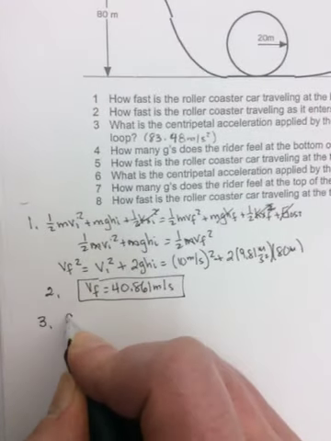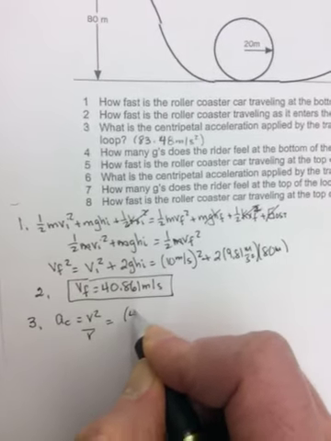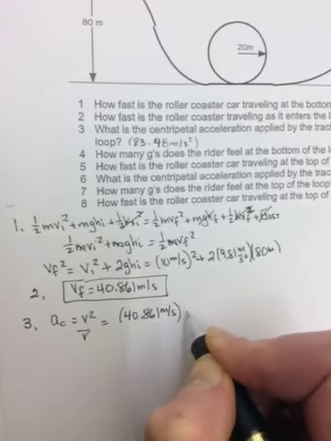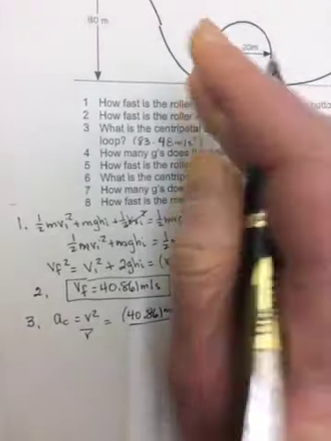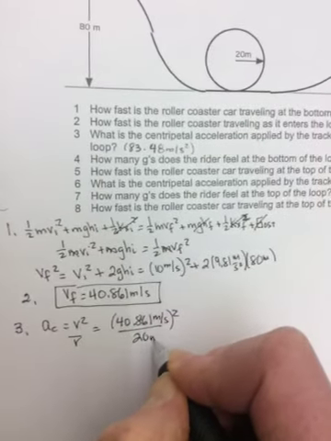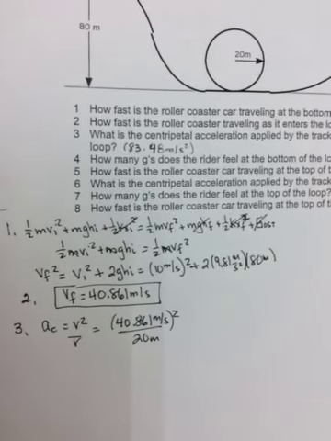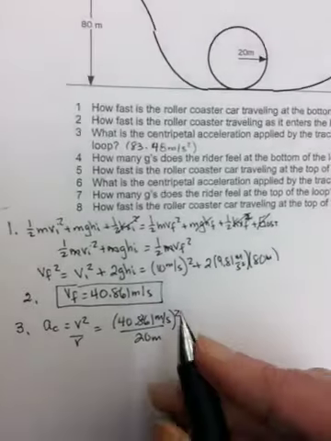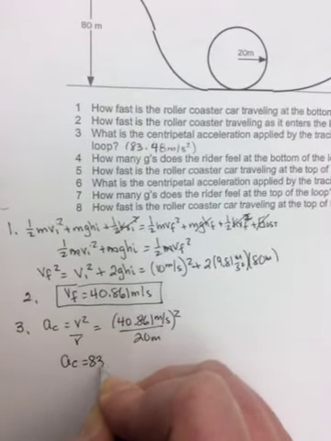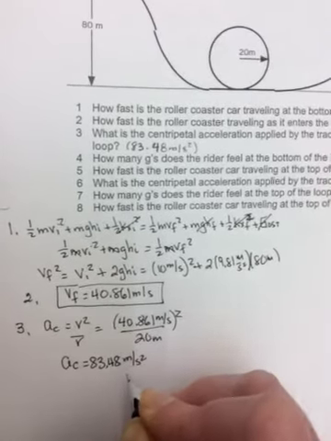Centripetal acceleration, AC, is equal to V squared over R. So that 40.861, or all the digits we have in our calculator, squared over, and the radius is 20 meters. Okay, so square your 40, divide by 20, and you should get 83. So AC is equal to 83.48 meters per second squared.